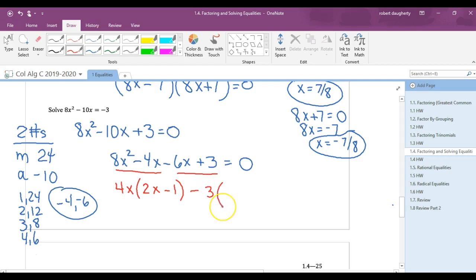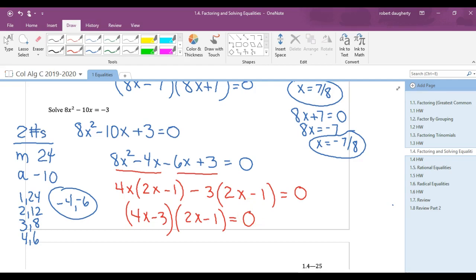And then what do the next two things have in common? 3. So what do I multiply negative 3 by to get a negative 6? That's 2. Then I've got an x. What do you multiply negative 3 by to get a positive 3? Negative 1. So this is what? 4x minus 3 times 2x minus 1 equals 0. That's the hard work. We factored it. To get to the solution, you set each of these equal to 0.